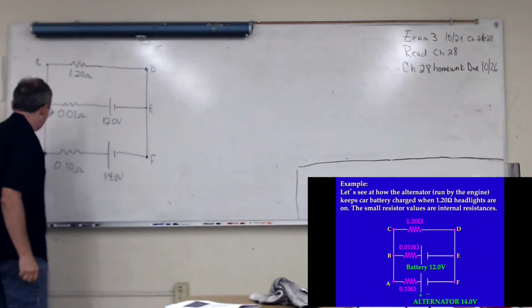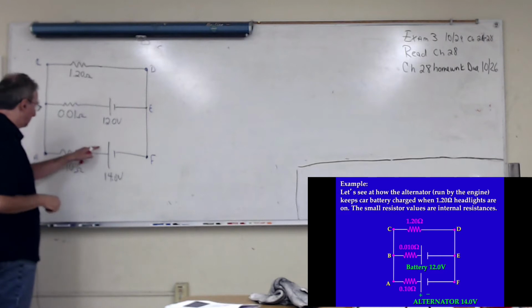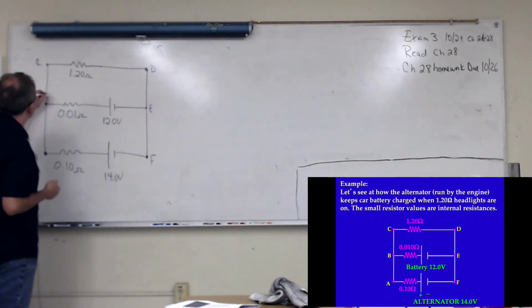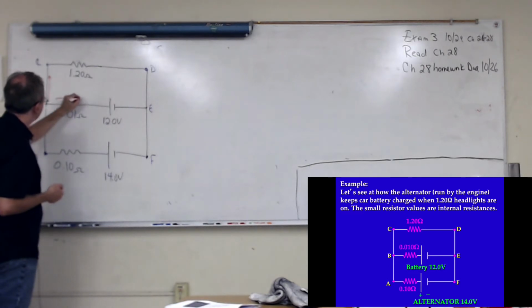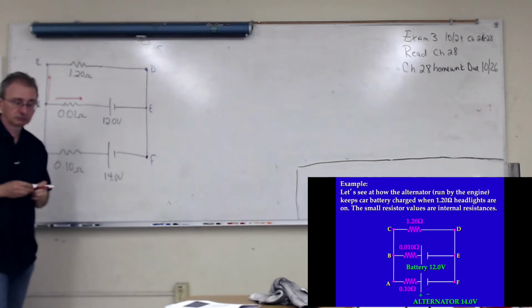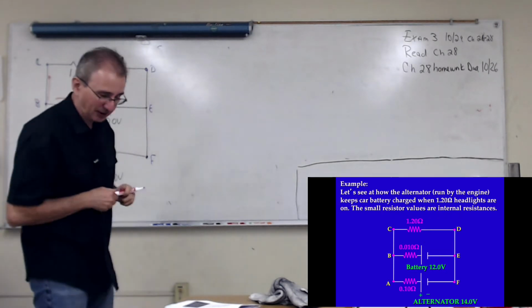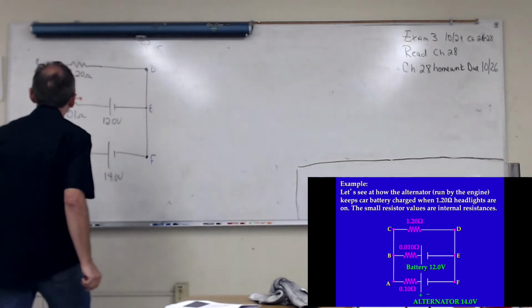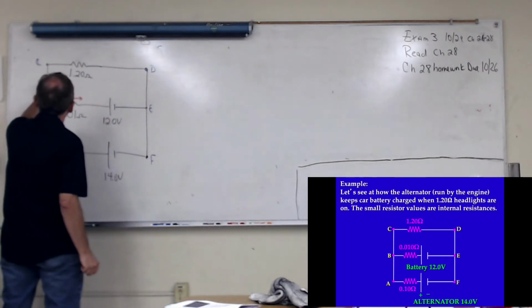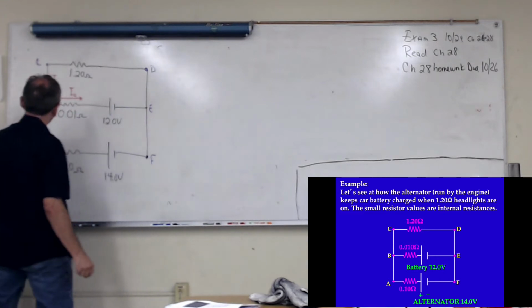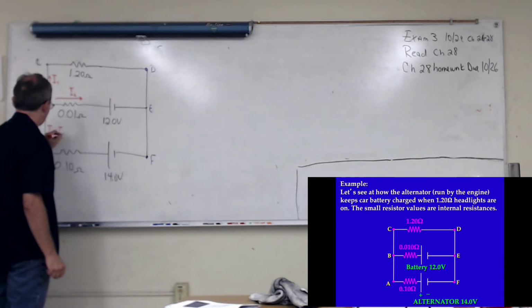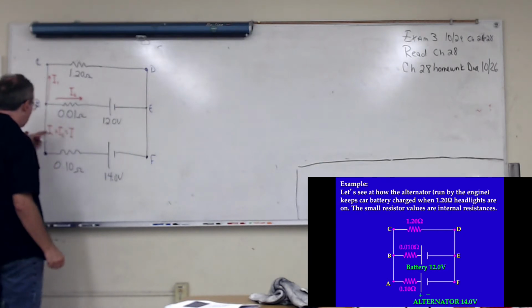I'm going to start here and say at this junction, the current splits up this way and that way. Just to be consistent with my notes, I'm going to call this one I1, this one I2, and really this is the sum of I1 and I2.